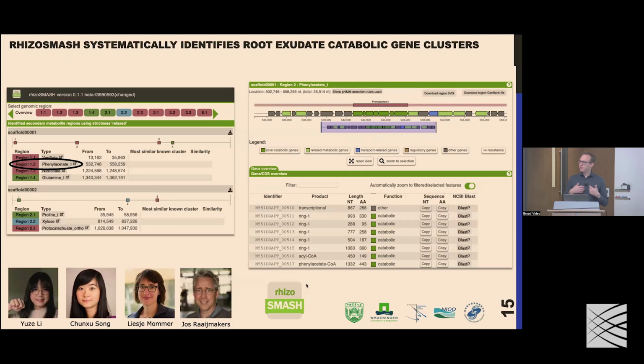A lot of organic acids, sugars, et cetera, are exuded to recruit and modulate their microbiome. So understanding what kind of catabolic pathways and gene clusters the members of the microbiome have can also tell us how plants recruit which microbes to their microbiome.